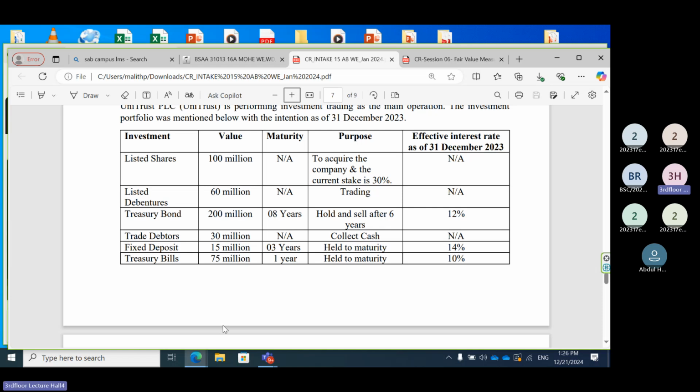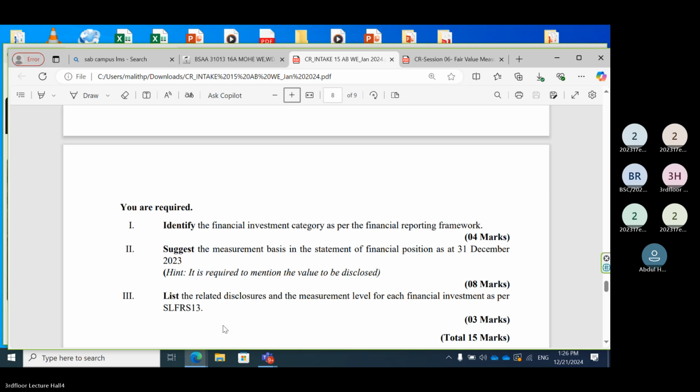We need to get the value. Measurement basis should be evaluated. Identify the financial investment category as per the financial reporting framework. Category should be identified. Which category, right?